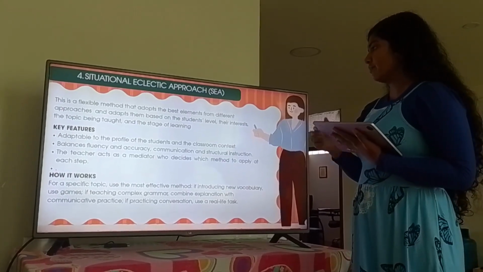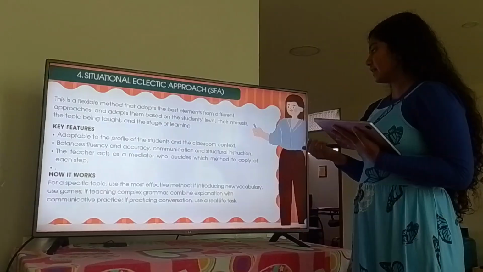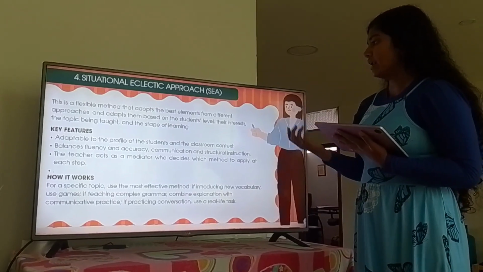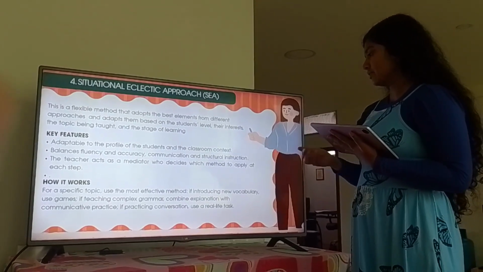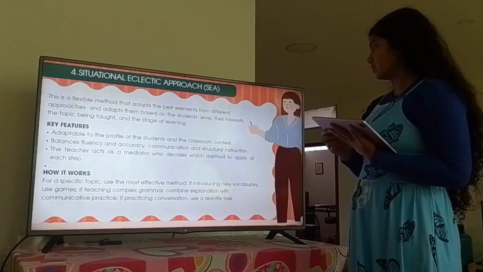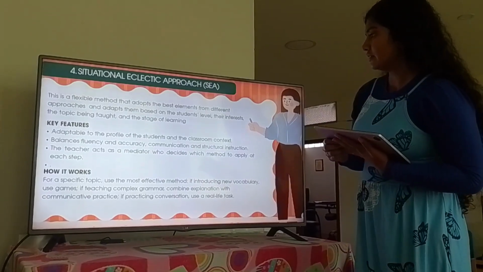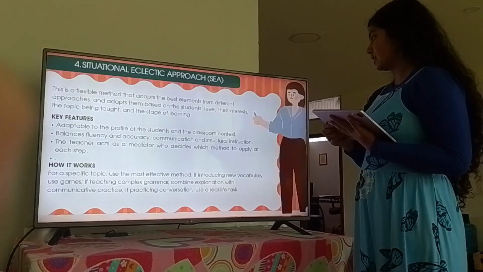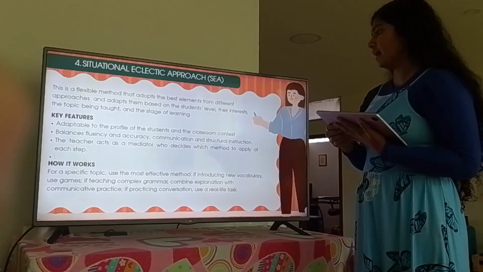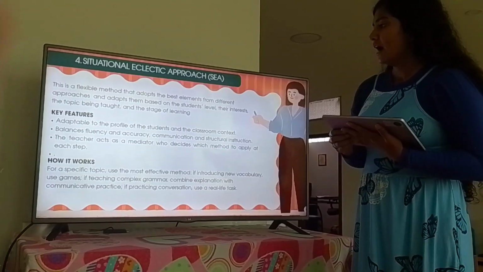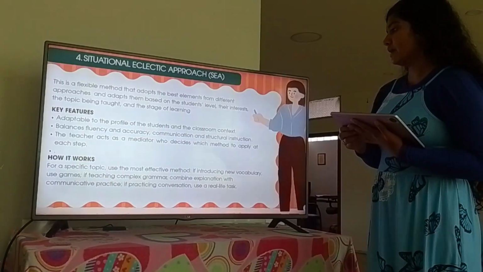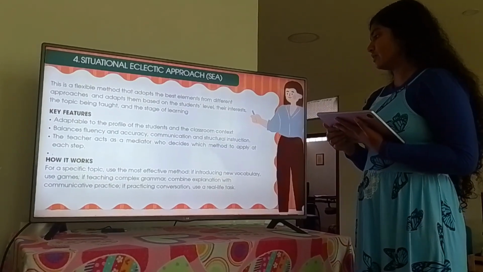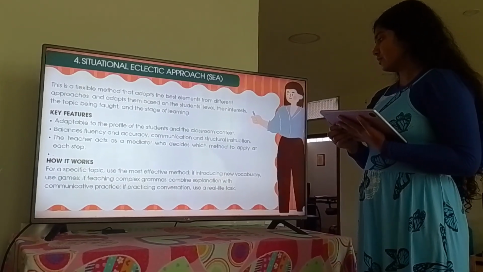Adaptable to the profile of the students and the classroom context. Balances fluency and accuracy, communication, and structural instruction. The teacher acts as a mediator who decides which method to apply at each step. How this works. For a specific topic, use the most effective method.